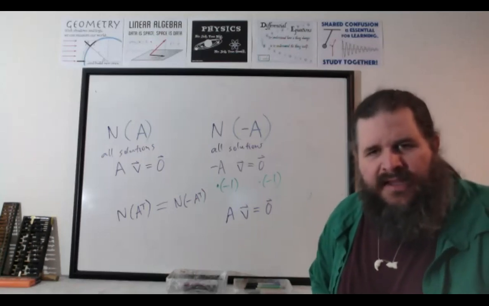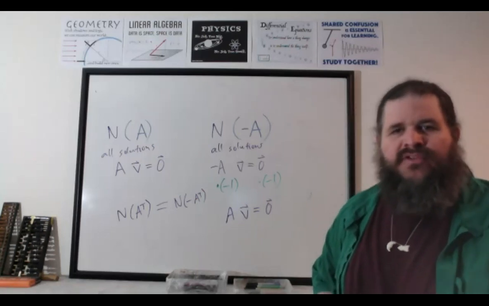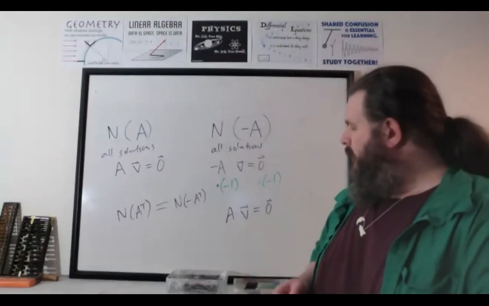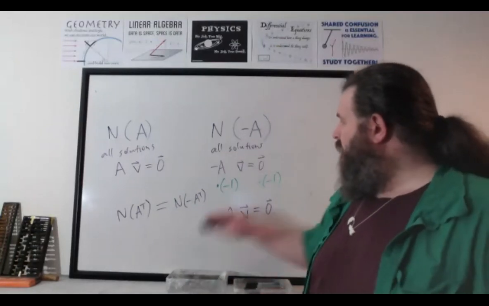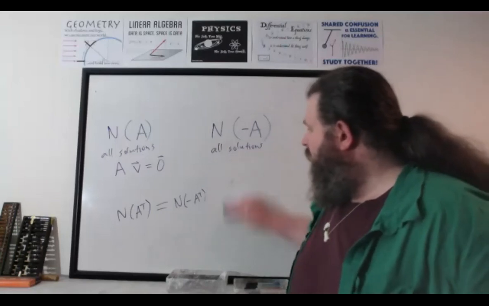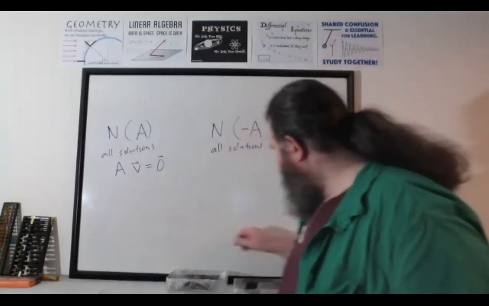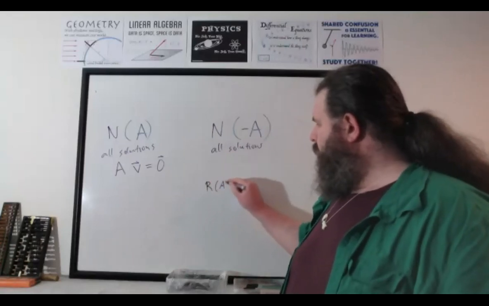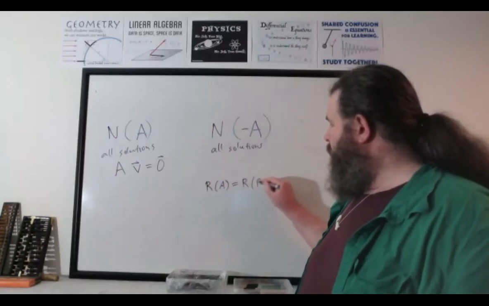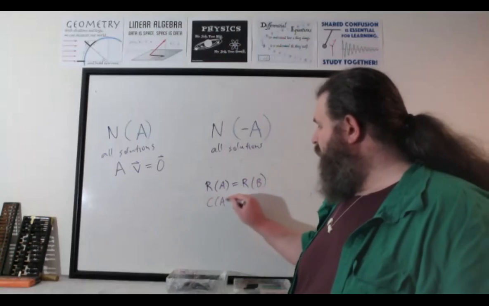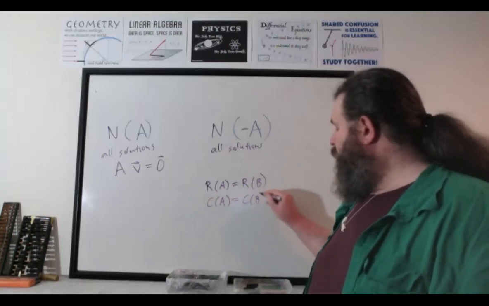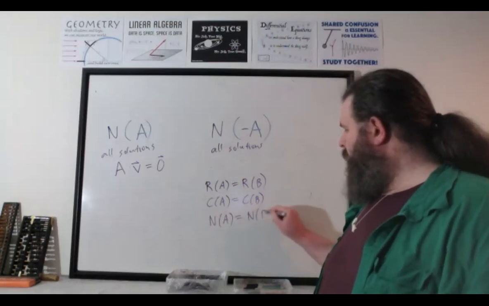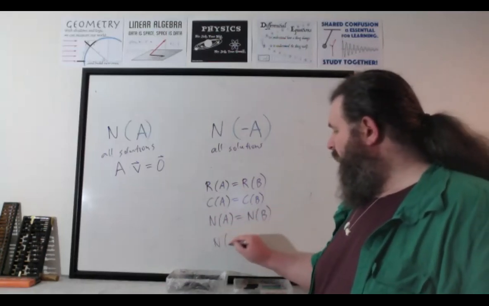And then part C: if A and B share the same 4 subspaces, then A is a multiple of B. In other words, we're assuming all 4 subspaces are the same for these 2 matrices. So we're assuming we have 2 matrices, and all we know about them is their row spaces are the same, their column spaces are the same, their null spaces are the same, and their left null spaces are the same.